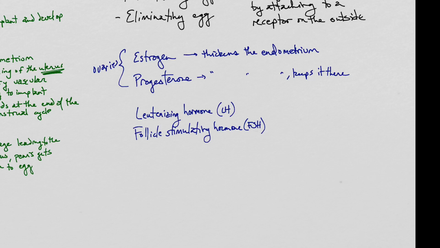Now, interestingly, these two right here are produced not down in the ovaries or in the uterus or in the vagina or the cervix or the fallopian tubes or anywhere like that. Interestingly, these are produced in the anterior pituitary gland, which is in the brain.